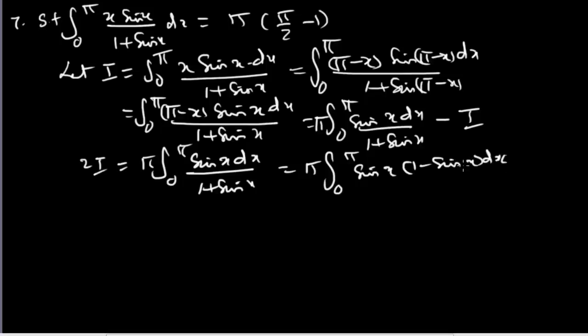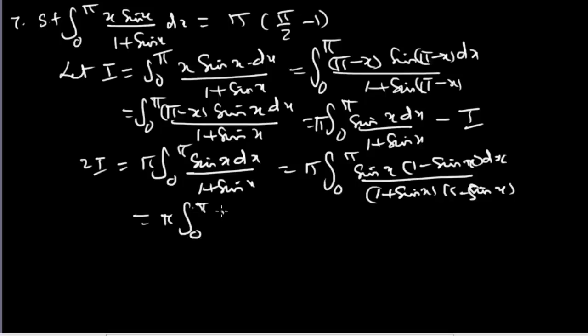I have multiplied the numerator by 1 minus sin x, and the denominator also I multiply by 1 minus sin x. So this can be written as pi into integral 0 to pi sin x minus sin squared x, and the denominator is 1 plus sin x into 1 minus sin x, which is 1 minus sin squared x, nothing but cos squared x.